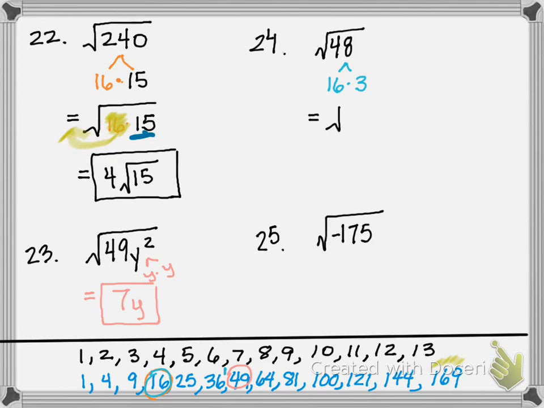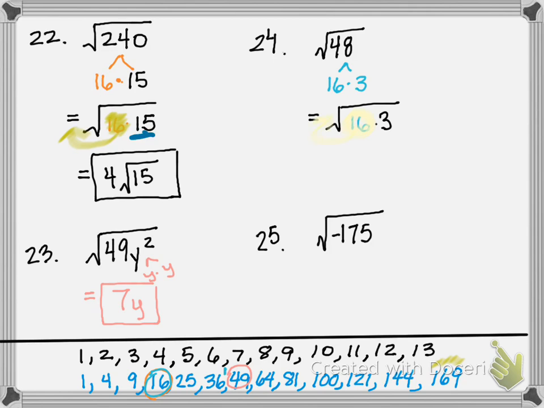So we'll break that down inside our radical. So it's going to be 16 times 3. And then again, the 16 is going to come out. Sorry, I was having trouble changing colors again. So we have the 16 right here, and it's going to come out.